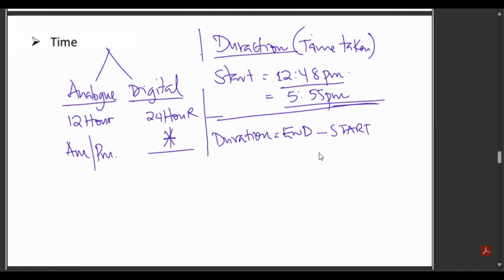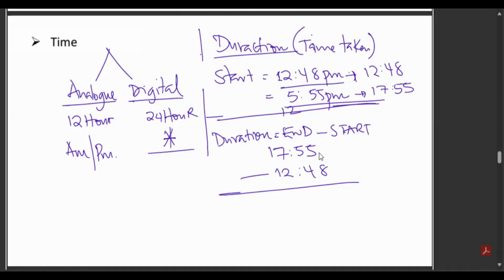Here we add 12, so it becomes 17:55. So for duration, we say 17:55 minus 12:48. Subtract. Now, 55 minus 48, I believe you remain with 13. And on this other side you remain with 5. So the person has spent 5 hours and 13 minutes.